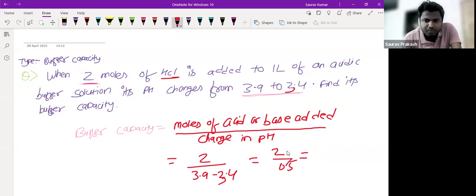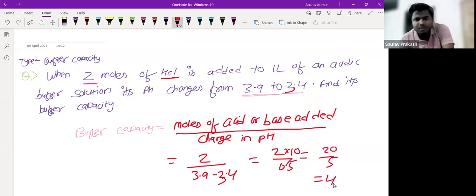So it is 4. So this is our buffer capacity.